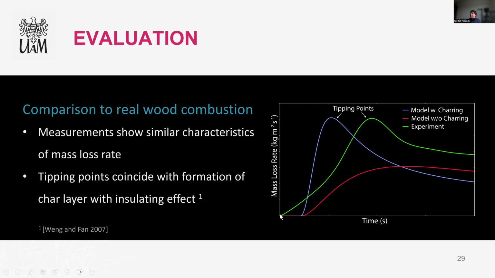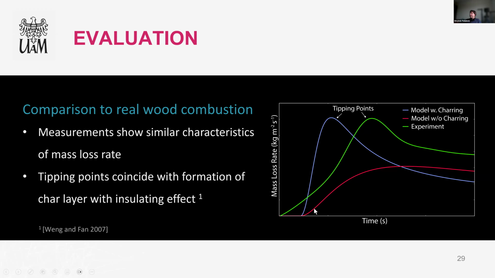This mass loss increases exponentially up to a certain time, at which point the mass loss then decreases again. This coincides, and this is very well known in the wood technology literature, with the formation of this char layer. So the char layer has this insulating effect, which then reduces the mass loss once it is formed.